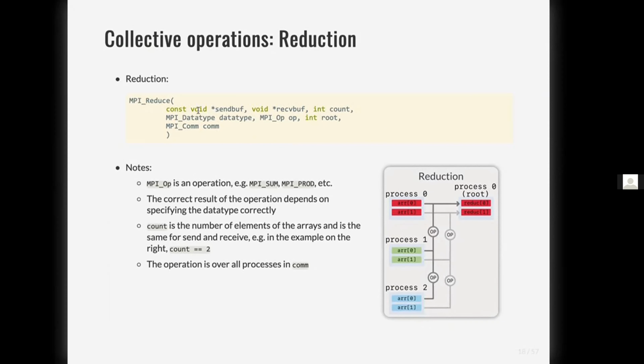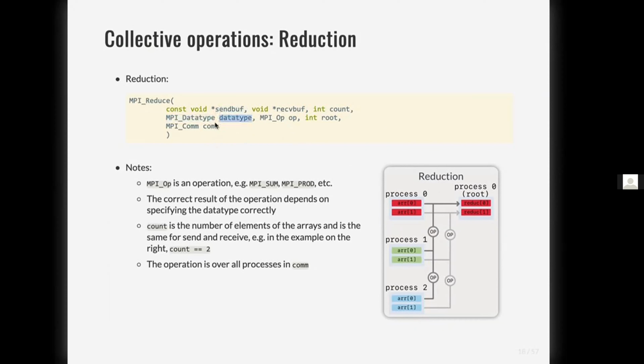So you need to specify in the MPI reduce, this call signature has the send buffer, right? So what is the address of the array that you want to reduce, and the receive buffer, which in this case will be the reduced array here, the number of elements and their data type. And now, of course, the data type has to be the same.